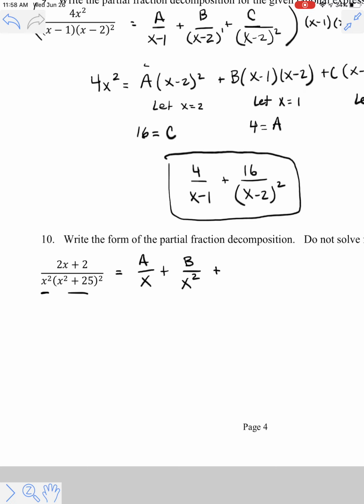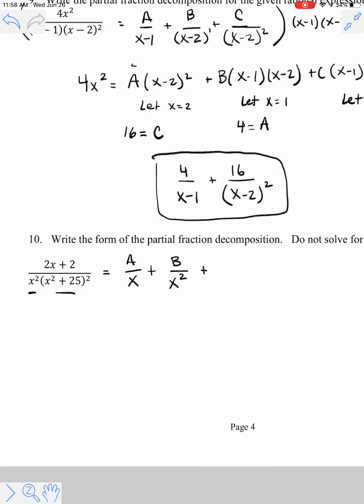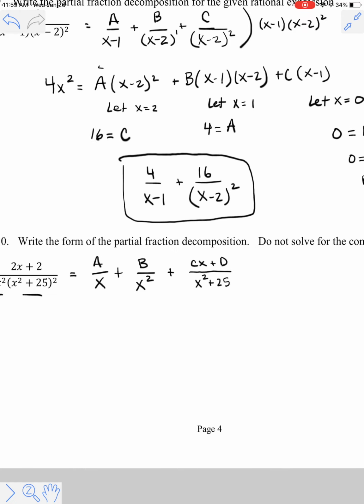And then we talked about in class, x squared plus 25 is an irreducible quadratic factor. So with irreducible quadratic factors, your numerator is no longer just a constant like a or b. The numerator becomes a linear expression. So I'm going to write cx plus d over that irreducible quadratic factor.